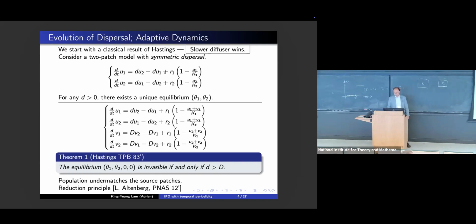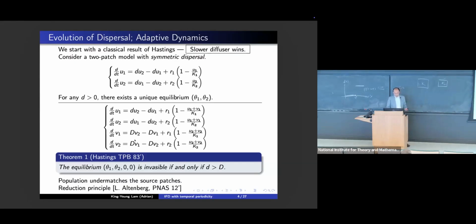We're interested in selection of this diffusion rate. To apply the adaptive dynamics point of view, first the setting is there's a resident species with strategy small d. It reaches a population equilibrium state. Then we look at the invasion fitness.